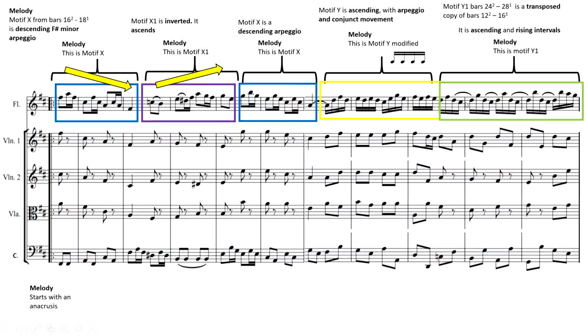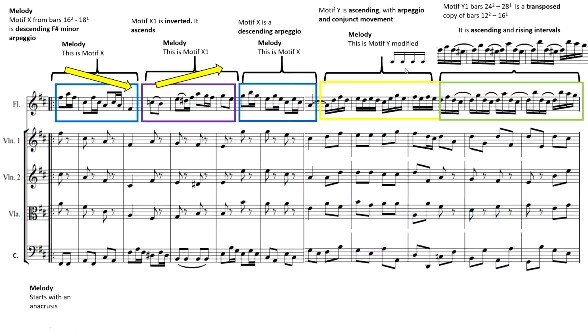Now, transposed, if we think of the word trans meaning to move, so we might have transform, transformation. So when we transpose something, we take a melodic idea, and to transpose it, we keep the same shape, we keep the same intervals. It is more or less exactly the same. The only difference is it'll be different notes.